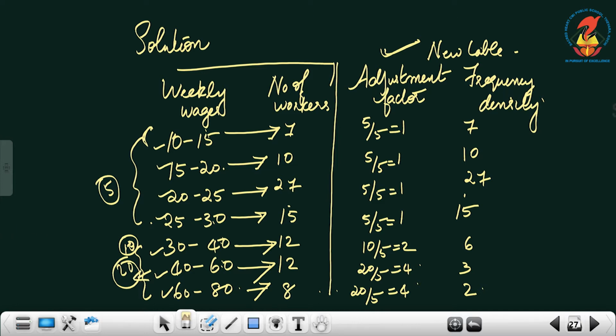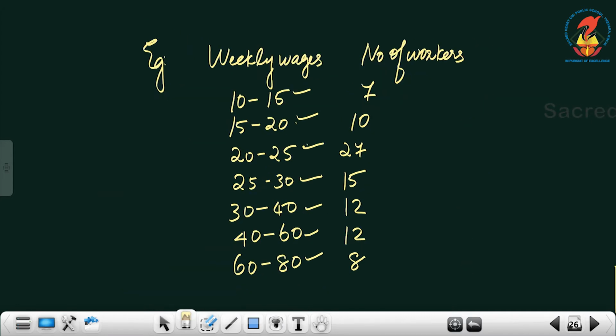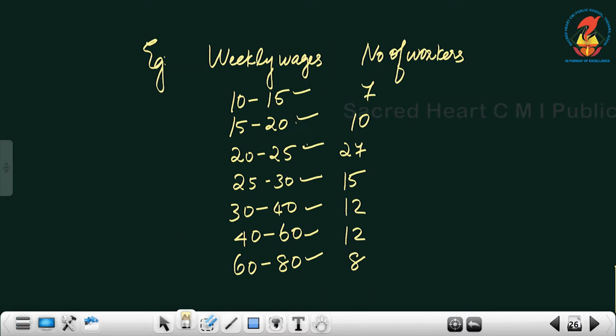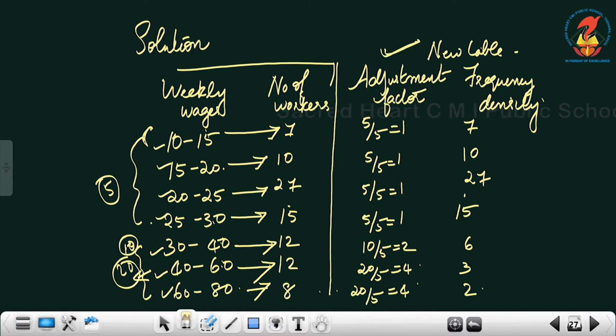Now, the formula for adjustment factor is class interval of the concerned class divided by lowest class interval. What is the class interval of the concerned class of the first class? This is the first class interval, 10 to 15. This is the concerned class. By the lowest class interval, which is the lowest class size, 20 or 10 or 5? Definitely it is 5.